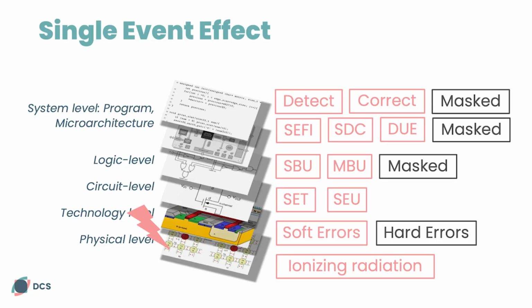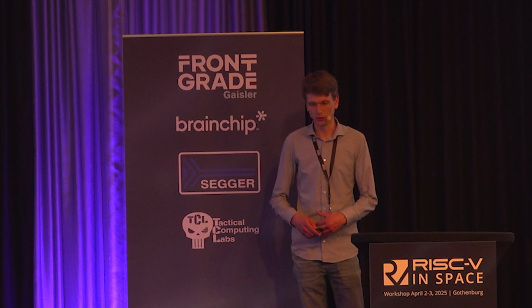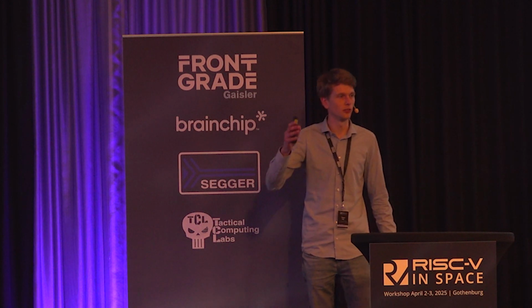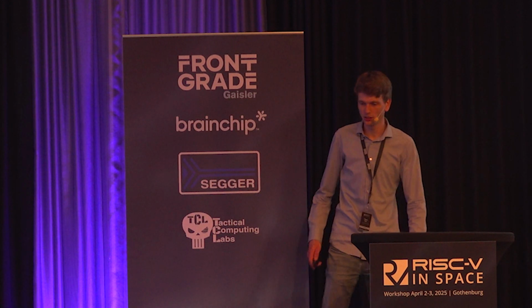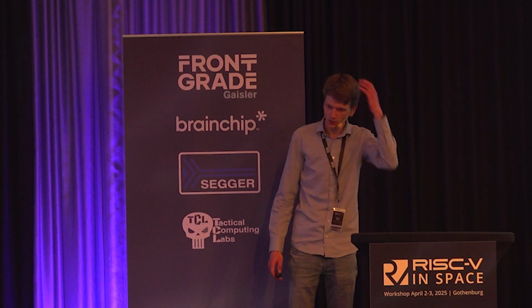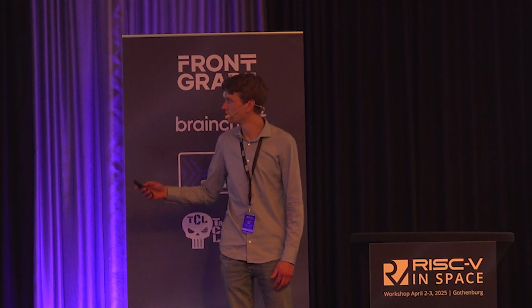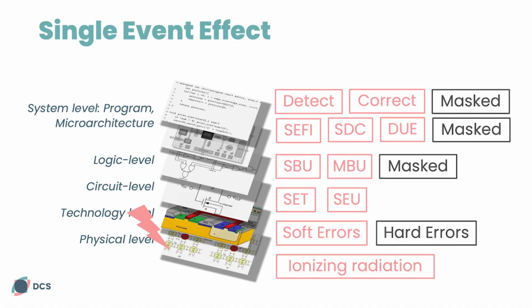So before I go to the fourth step about validating, first a quick refresher on single event effects. As you all know, we're dealing with radiation, and this radiation is targeting the physical level of our system, and these effects propagate towards different layers until they reach our system level. So ionizing radiation creates soft errors and hard errors. We focus only on soft errors.